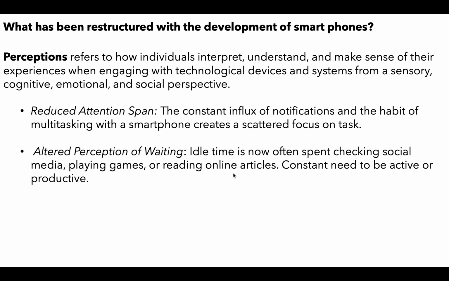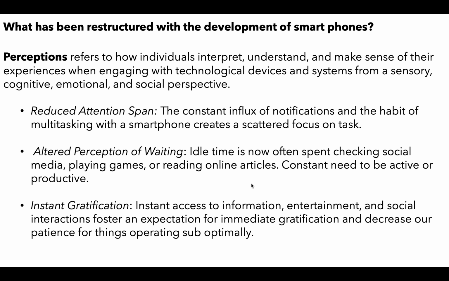Now you're engaging with your media device, your phone, in those idle times. And there's definitely a culture of instant gratification, or a perception of instant gratification, that has arisen from constantly having this connected device with us. And the downstream or unintended consequence of that instant gratification is that now we have a decreased patience for things that are operating suboptimally, right?